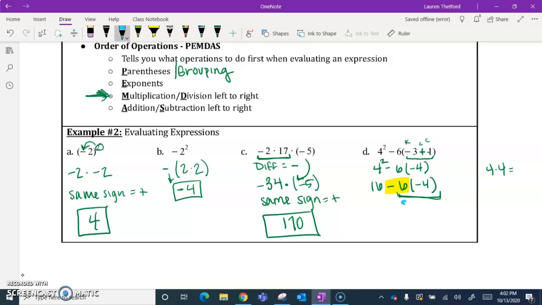Negative times a negative, these are same signs. So negative 6 and negative 4 gives us a positive 24. Bring down my 16. We add those together, and we get 40, I think. All right, so 40.